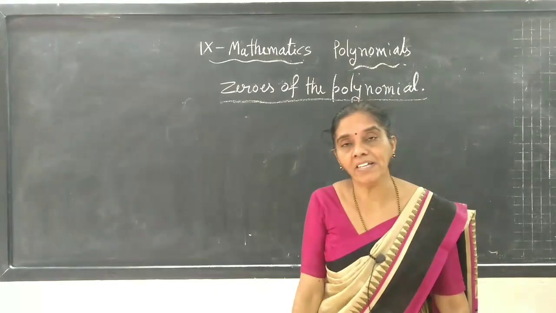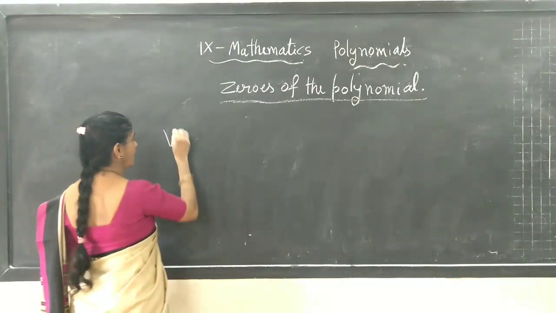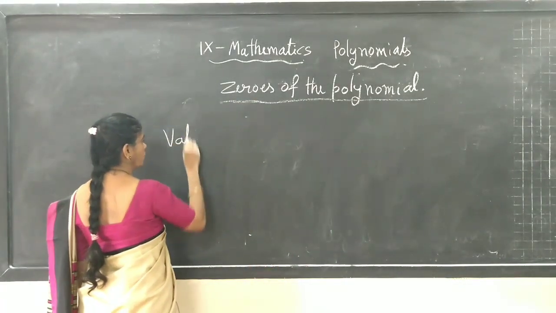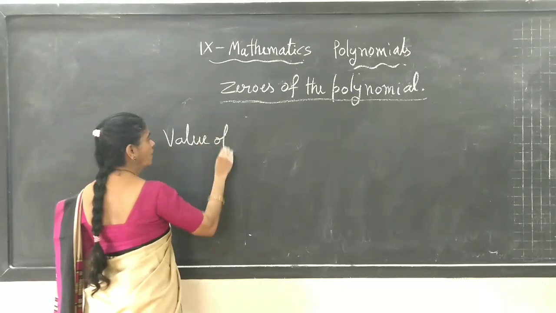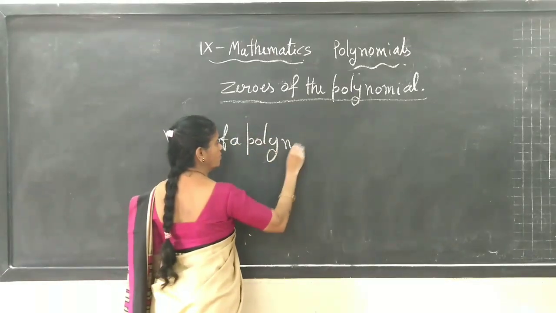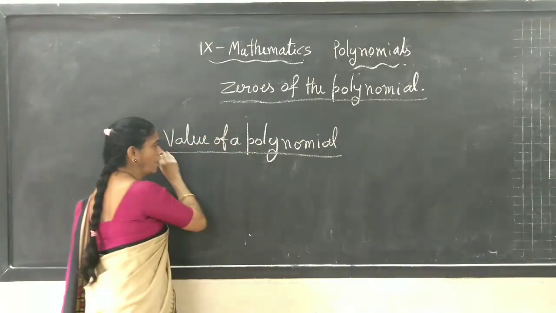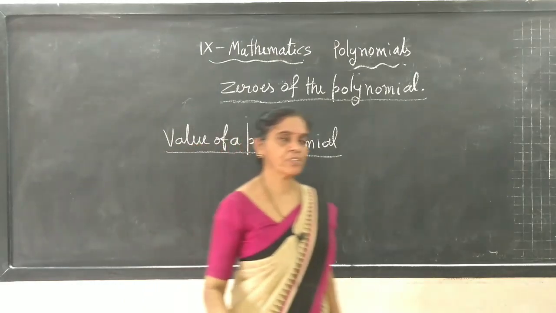What is meant by the value of the polynomial? First we will learn that, then we will understand the meaning of zero of the polynomial. Value of a polynomial: what is the meaning and how we will get it.